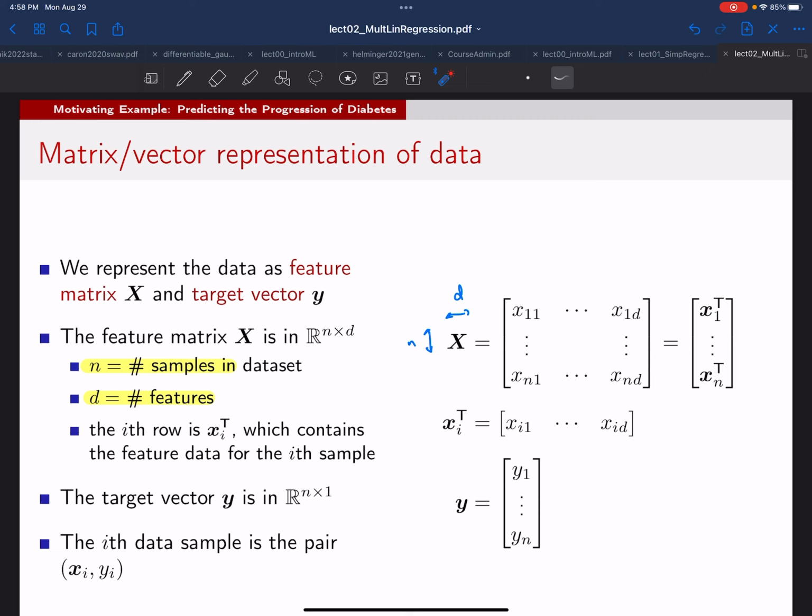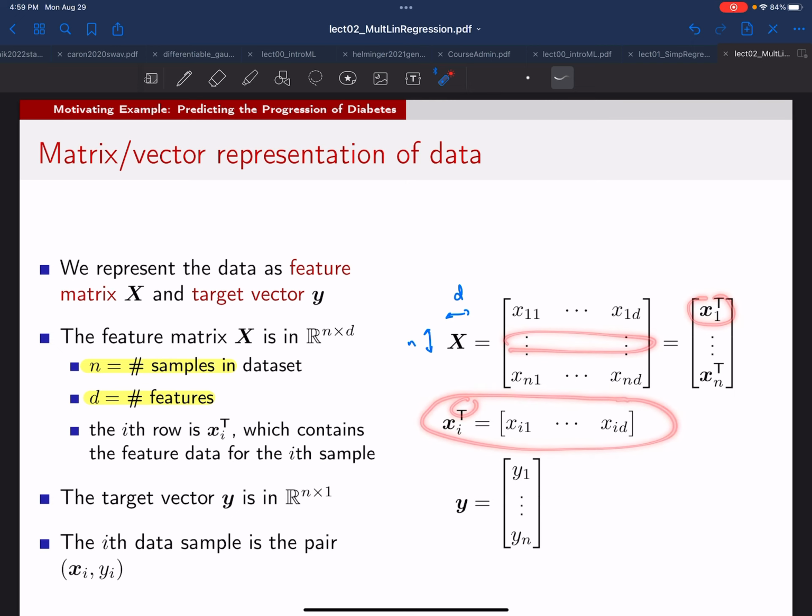Okay. Another convention, which you saw in the homework due today, is that boldface capital letters are matrices, boldface lowercase letters are vectors, and non-bolded quantities are scalars. So here you can see exactly how the ith row is built, like this.